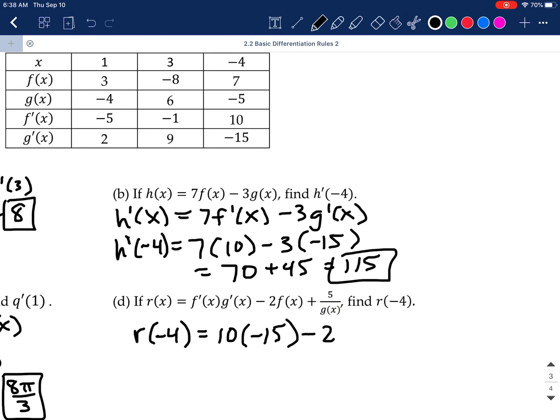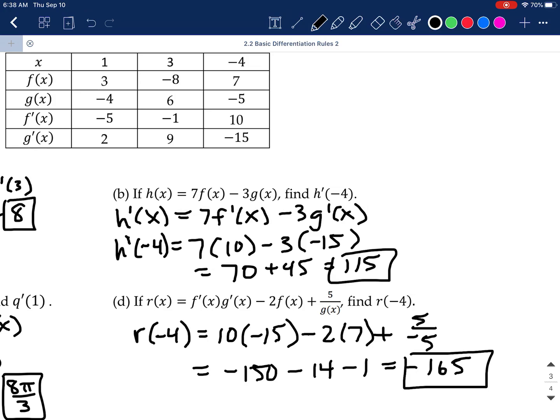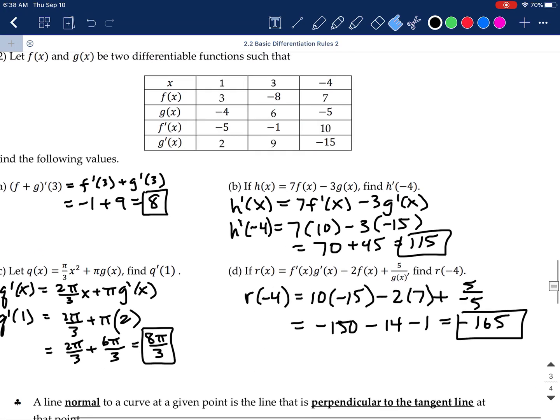Minus 2 times f of negative 4, which is 7. Plus 5 over g of negative 4, which is negative 5. So we're going to get negative 150 minus 14 minus 1, which is negative 165. So just some evaluations using a table.